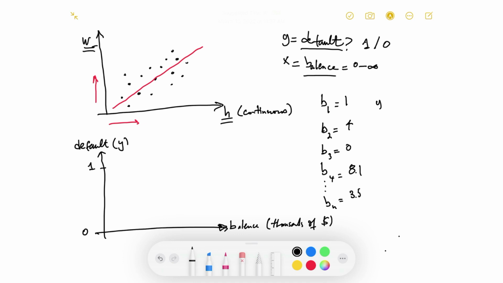Did you default or not? So y1, let's say, was equal to 0. If you remember, most people didn't default. As we think about this example, let's keep it that way. So let's say y2, you didn't default. y3, you didn't default. But y4 did default. And let's say yn also did default. Okay, so you have a set of data.